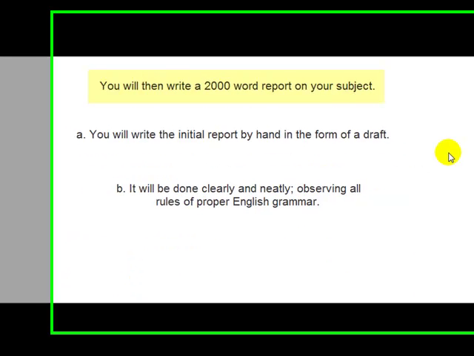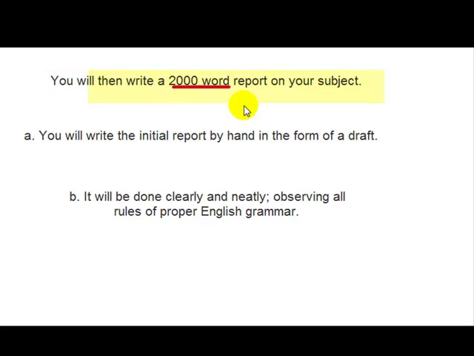You are then going to write a 2,000 word report on your subject. Bear in mind you have 9 weeks to do this, so 2,000 words should not be a killer. You will then write the initial report by hand in the form of a draft. The reason that I'm doing this is because too many people, if I give a written assignment and it's typed up and done on computer, chances are most people will go and copy the information from a website and plagiarize it and paste it onto a page.